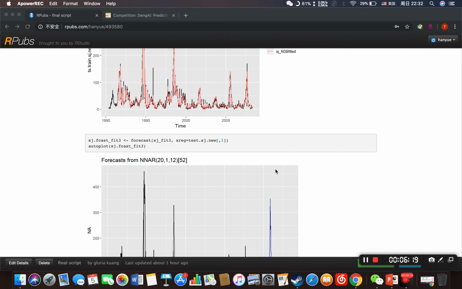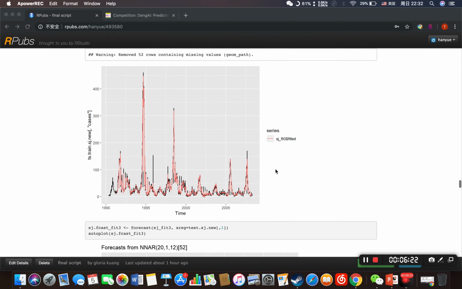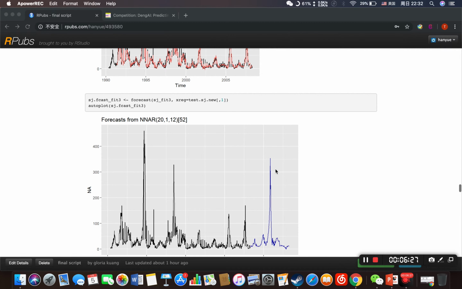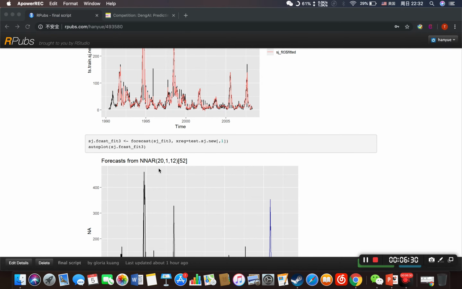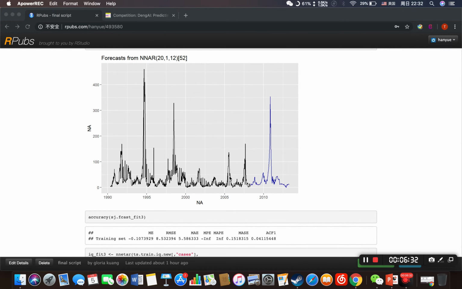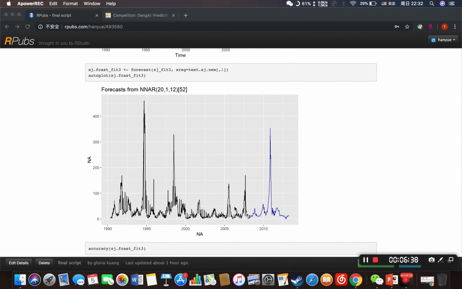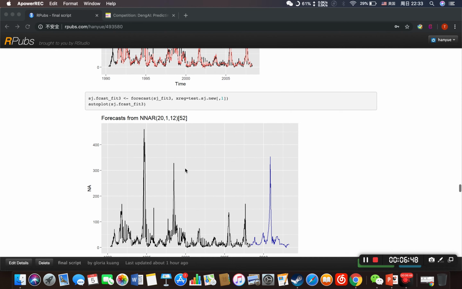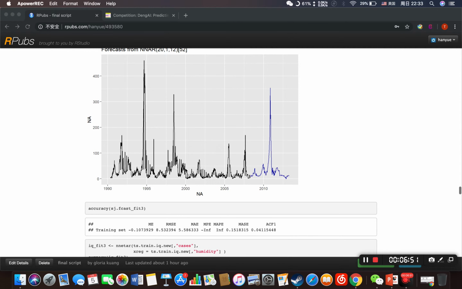And what we are seeing now is for the neural network. I'm still very confused with the neural network because the forecasting result performs differently on my two computers, and it is not the same as what I saw when I first ran this code. I did not do any revision to the code, but I don't know why the results change. But I think the neural network works best because it has the lowest RMSE.